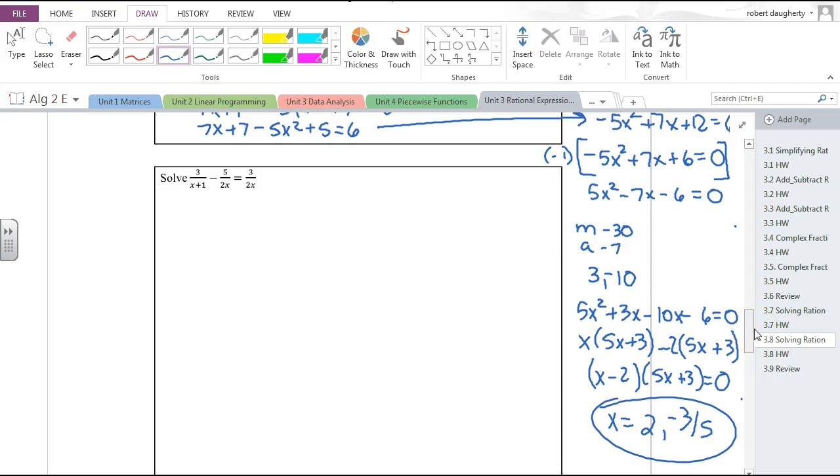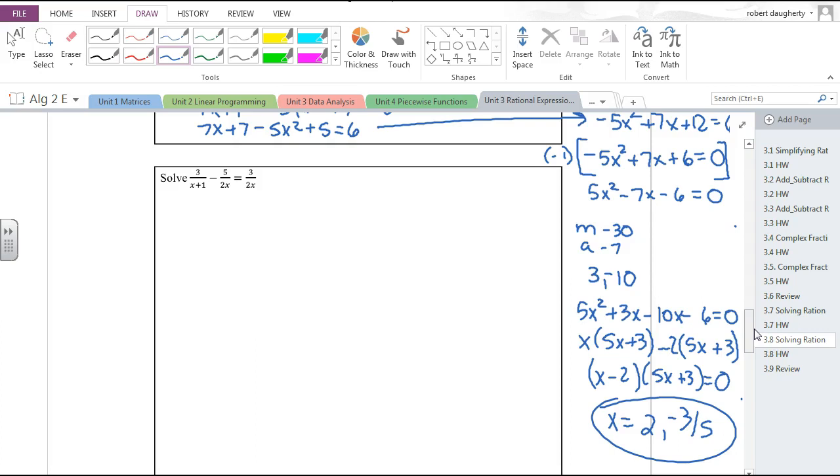Okay, look at the next one. What's the common denominator? 2x times what? Times x plus 1. Now, can I simplify this before I do anything? Yeah, 2 of those terms have the same denominator. That means they can be added together right now.